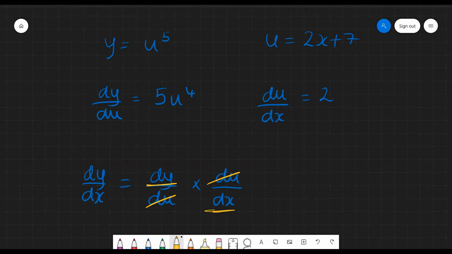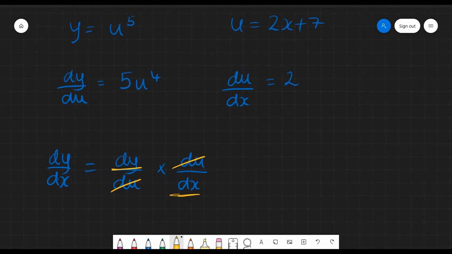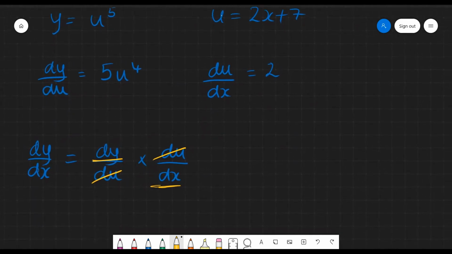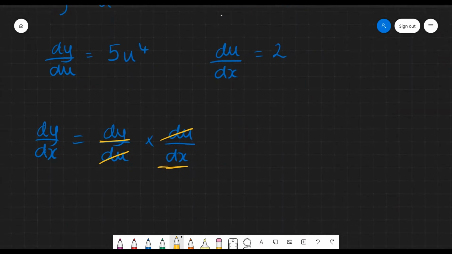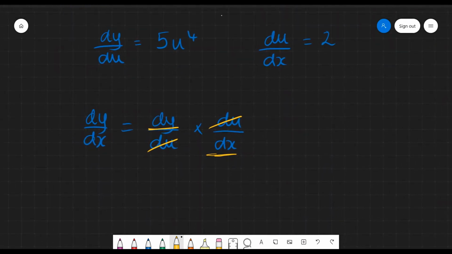So we need to multiply what we have. So dy by du is 5u to the power of 4, and du by dx is 2. So dy by dx will be 5u to the power of 4 times 2, which is 10u to the power of 4.